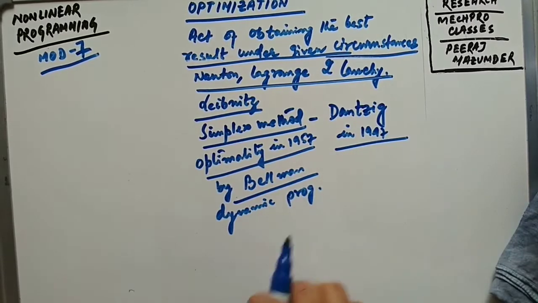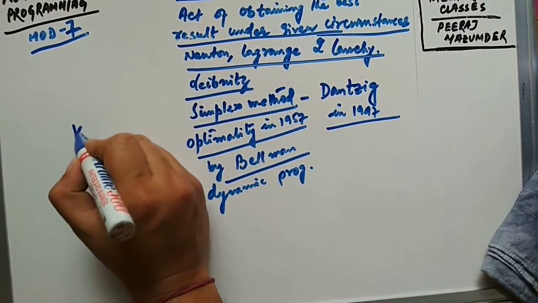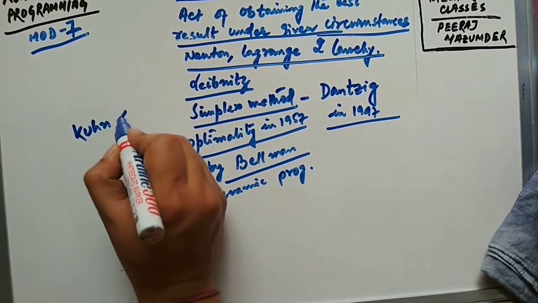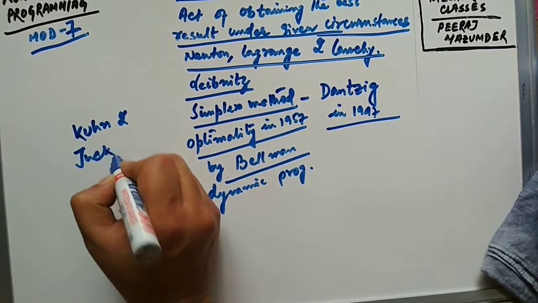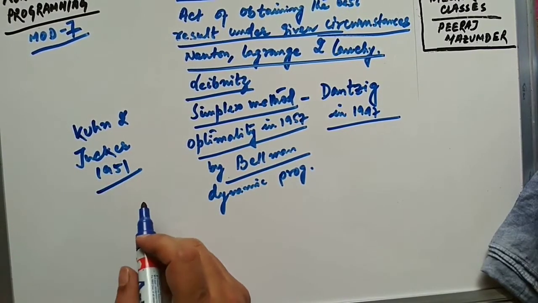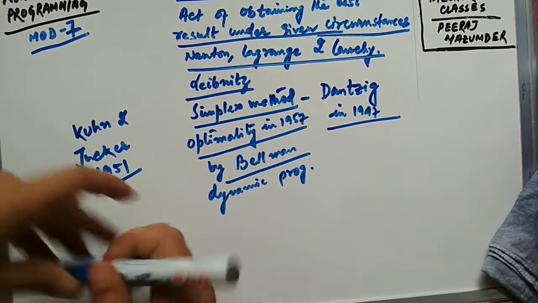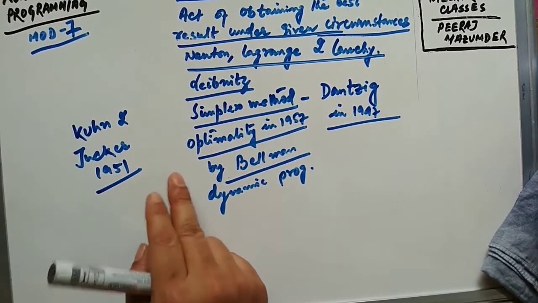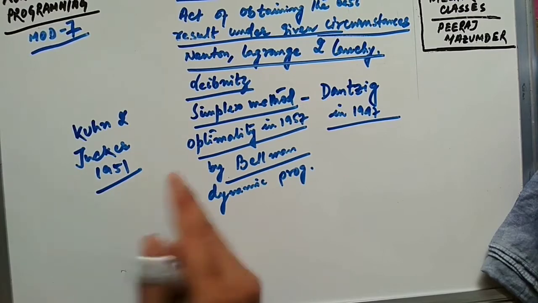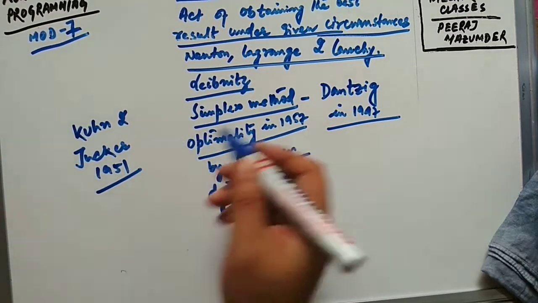This is for dynamic programming problems. Now Kuhn and Tucker are also very famous, Kuhn and Tucker in 1951. They worked on the necessary and sufficient conditions for the optimal solution of programming problems, and that laid the foundation of a great deal of later research in nonlinear programming.